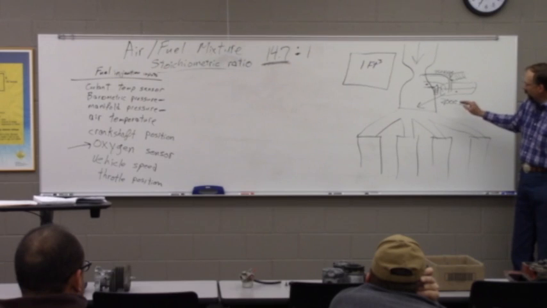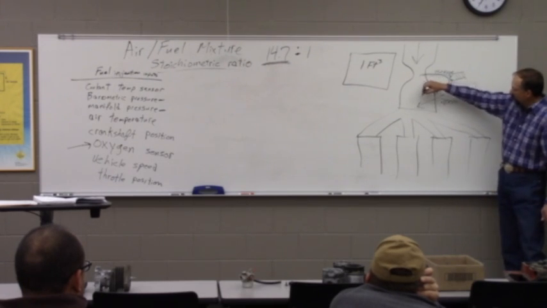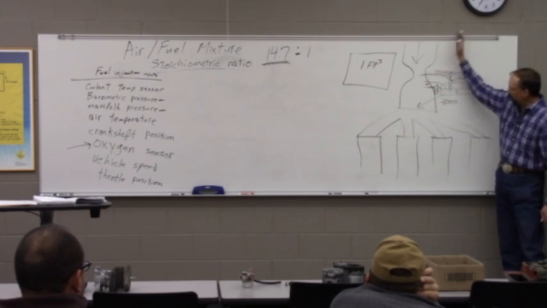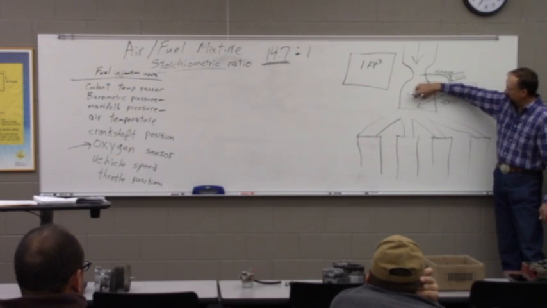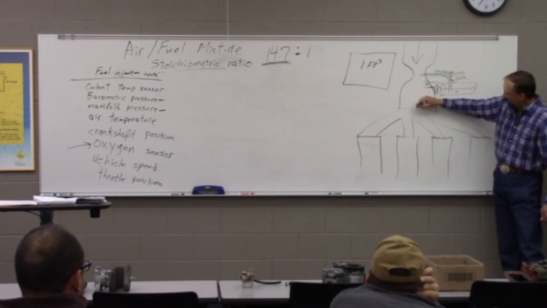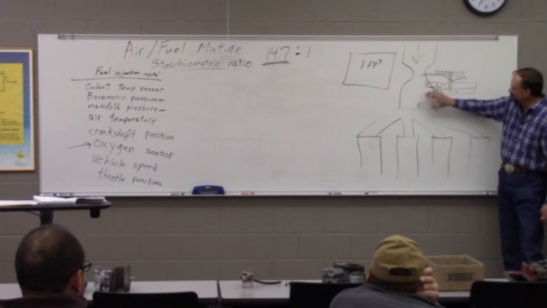The early fuel injection systems just replaced this carburetor with a fuel squirter up here that was controlled by the computer, and it was a big advancement over the carburetors.